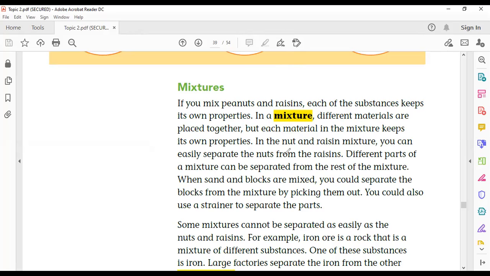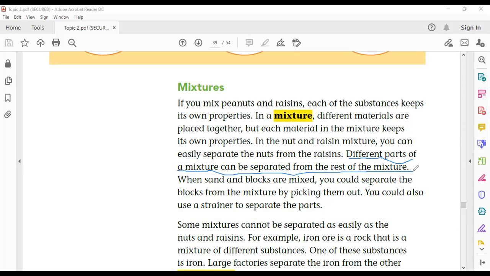Different parts of a mixture can be separated from the rest of the mixture. It's a very important point. In a mixture you can separate the components.